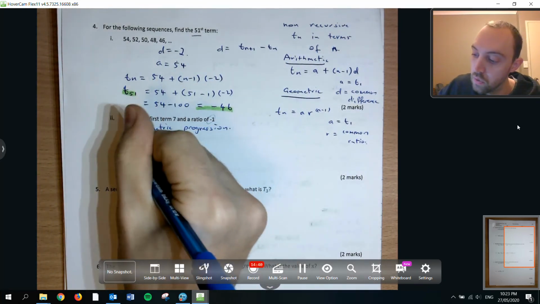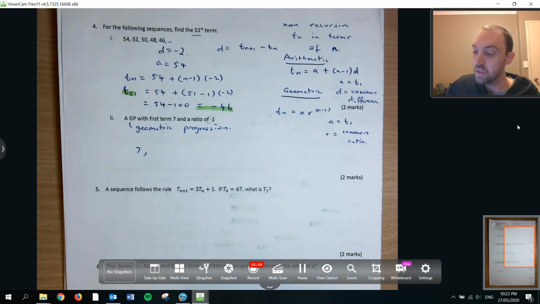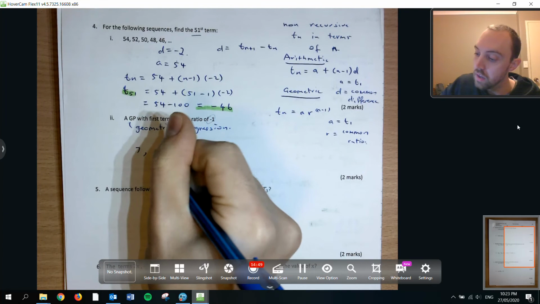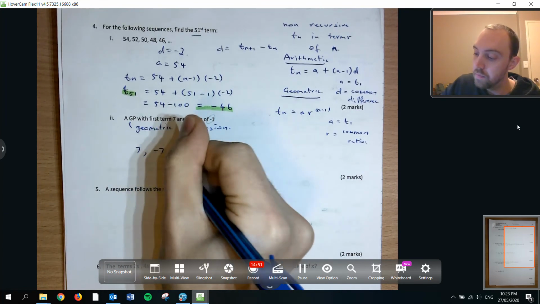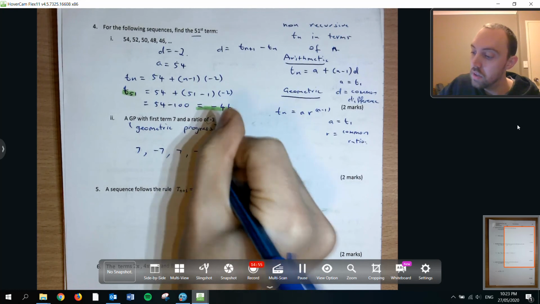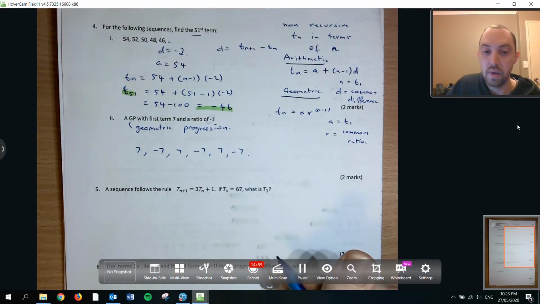So what I'm going to do is have a quick, I'm just going to write down the sequence for what I know here, okay? I have 7, and then it would become -7, because I'm timesing by that -1, 7, -7, 7, -7. It's going to keep repeating that pattern.